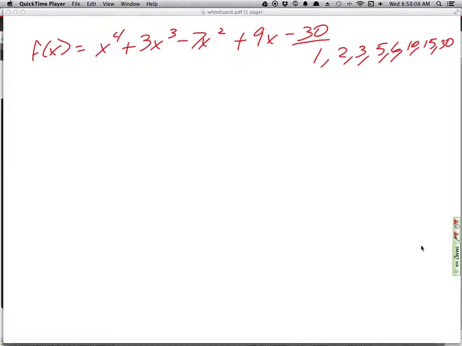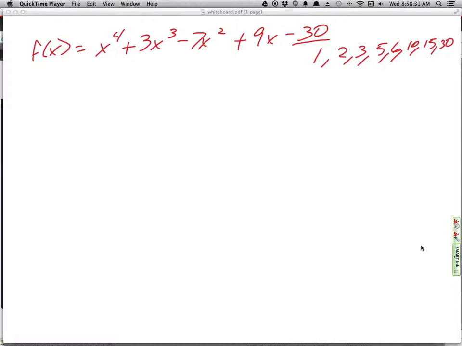What about the remainder? There you go. If I divide using synthetic division and I don't get a remainder, that tells me whatever I'm dividing by is a 0. So the rational root theorem gives me my possible rational roots, then I have to use synthetic division to figure out which ones are zeros.